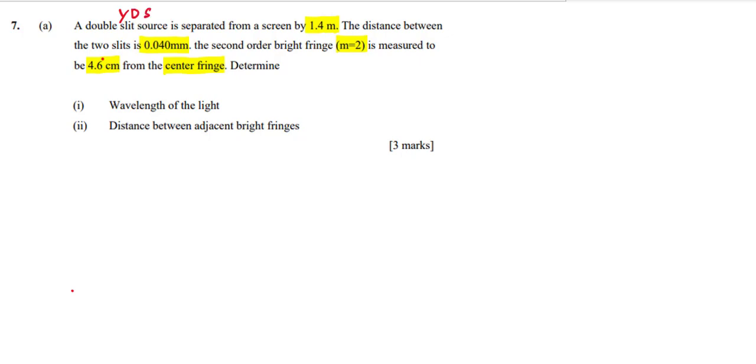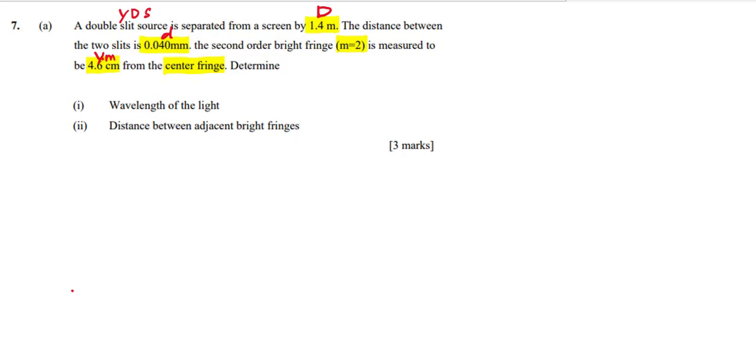It's separated from the screen, so this is the big D. The distance between two slits, so this is a small d, right? And the second order bright fringe, m equals 2, measured to be 4.6 centimeter. This would be the ym.